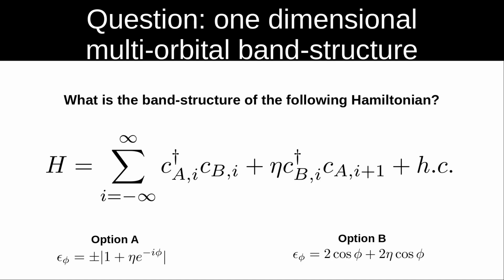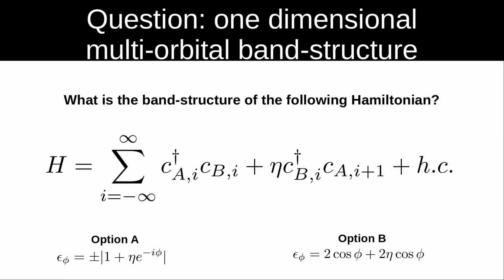What would be the relation between the eigenstate and the symmetry eigenvalue phi for this Hamiltonian? This Hamiltonian has two orbitals per unit cell, orbital number A and orbital number B. And then we have strong coupling within the unit cell, and a weak coupling between this unit cell and the next one. And the coupling is eta.